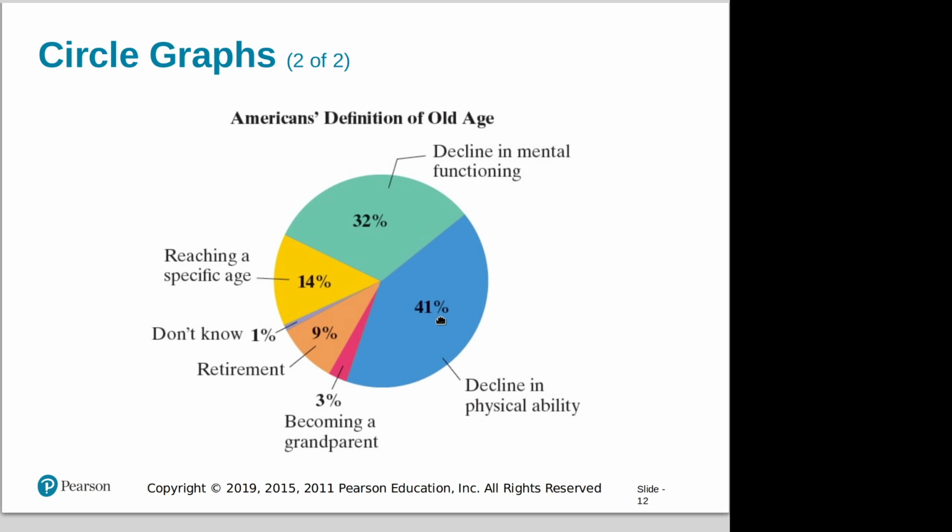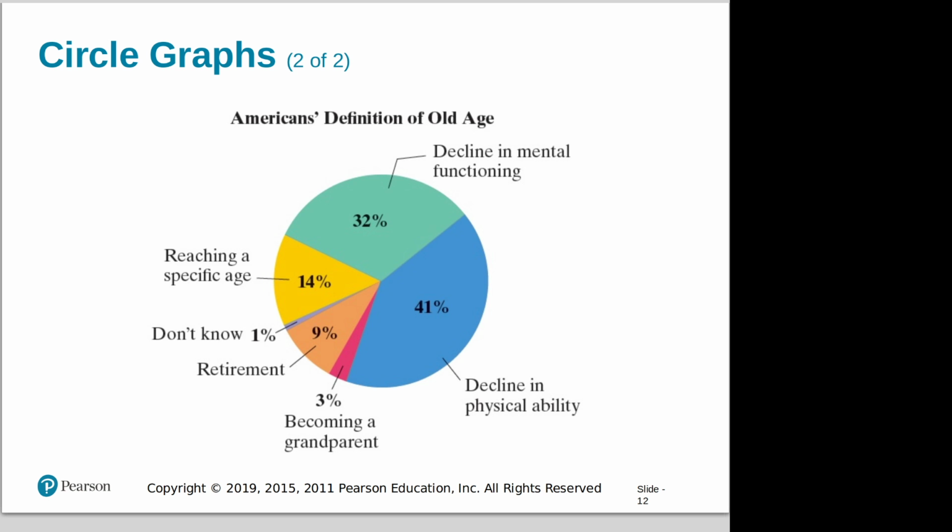A decline in ability seems to be how people define old age. And we can see this visually because it takes up more space. So it gives us a way of estimating what we're dealing with. And so circle graphs are a good way of giving us an estimate.